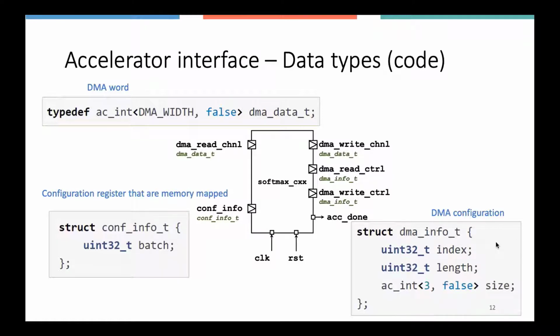In this case, this struct has an index, that is the memory offset, as a field, length, which is the length of a DMA transaction, and there is also a field size, that is the encoding of the DMA width. This second struct, this second configuration, is common to all of the accelerators, while the first one, the conf_info, has to be customized according to the necessity of a designer. Finally, the designer can specify the size of the DMA word with the DMA width macro. This can be 8, 16, 32, etc., and that will impact the overall system.